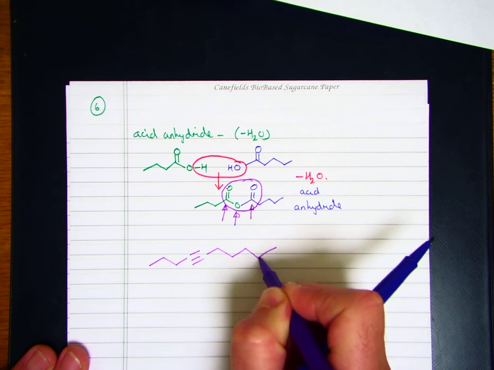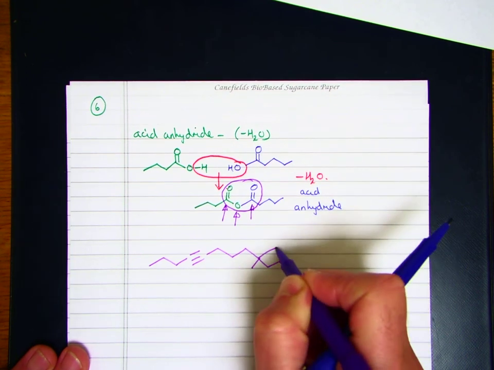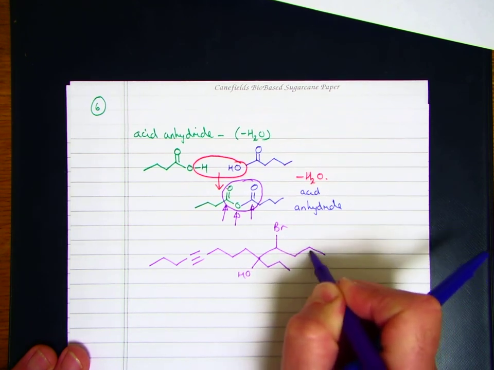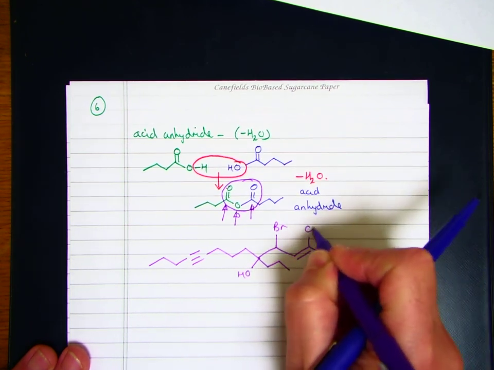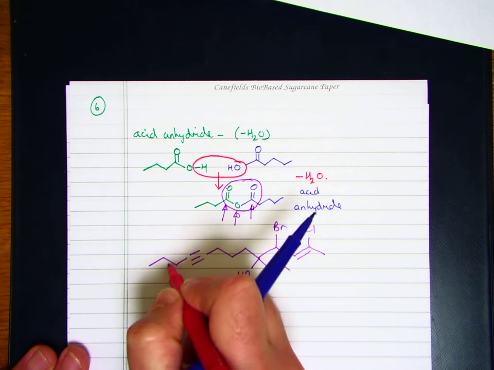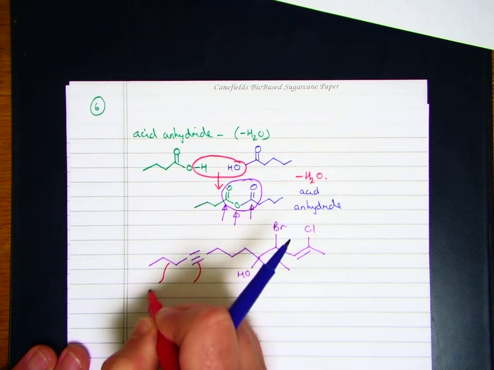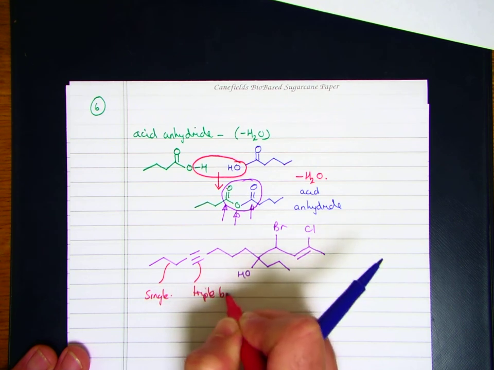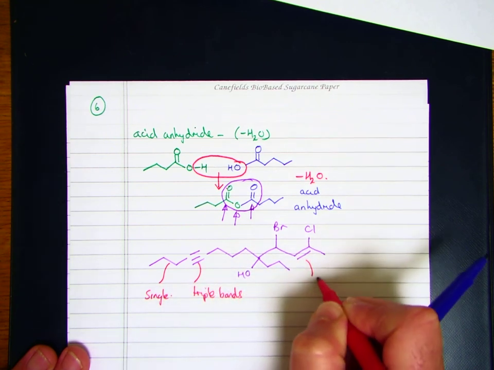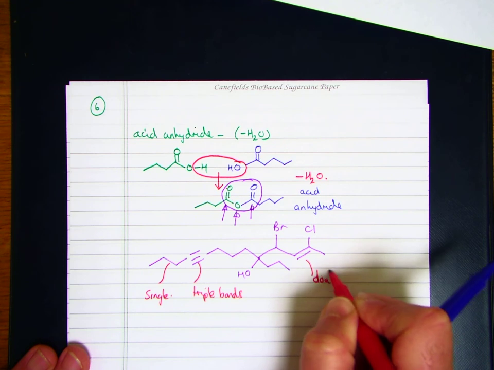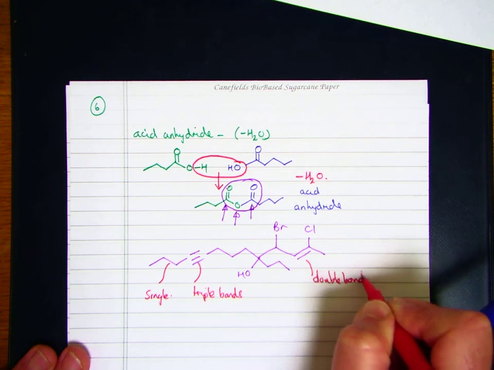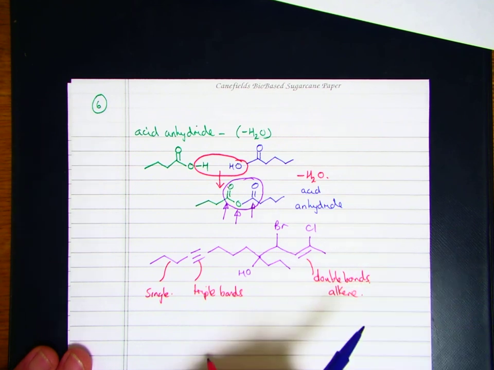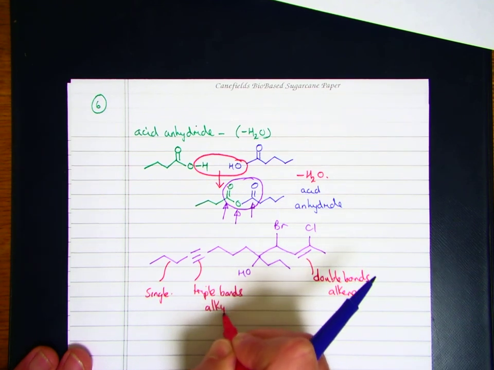Let's remind ourselves of some things that we have attached here. We have single bonds, triple bonds, and double bonds. You're going to see those in molecules. Realize a double bond potentially has alkene functionality, triple bonds, alkyne functionality.